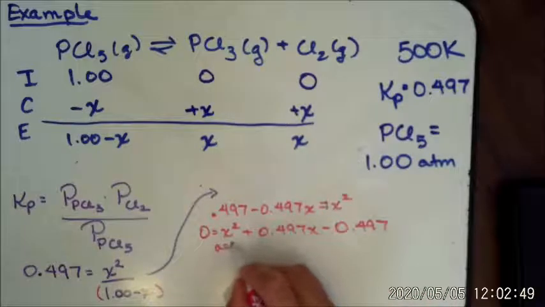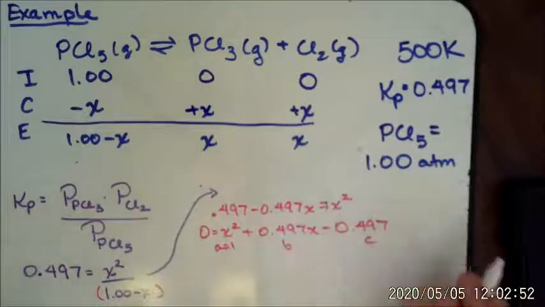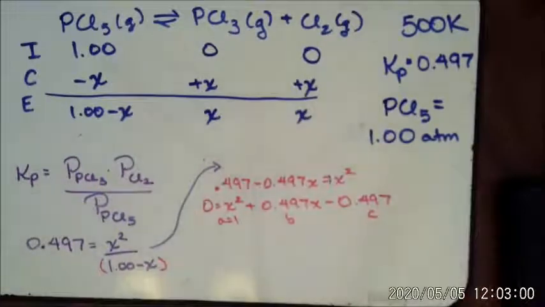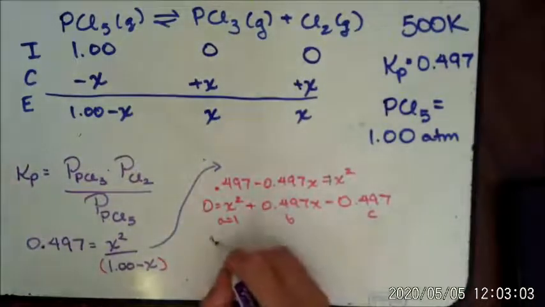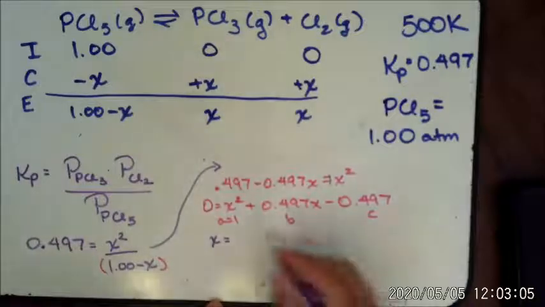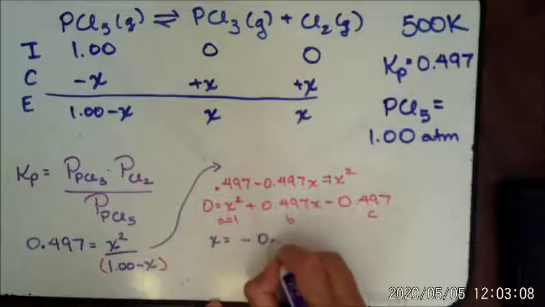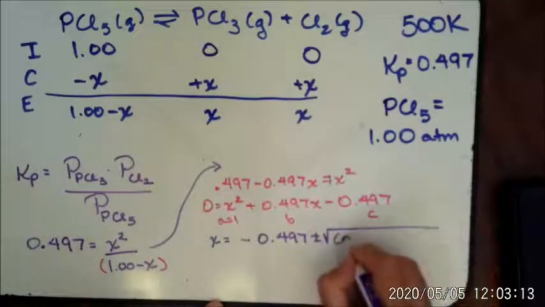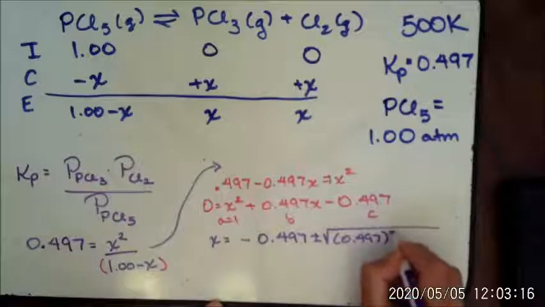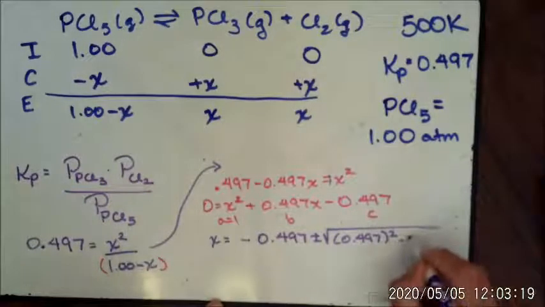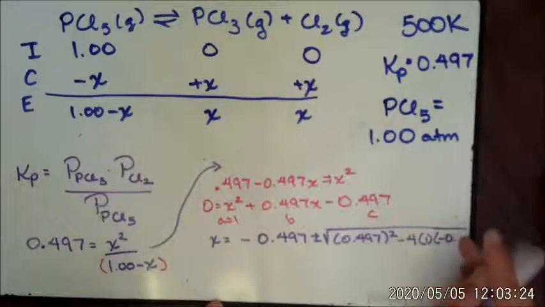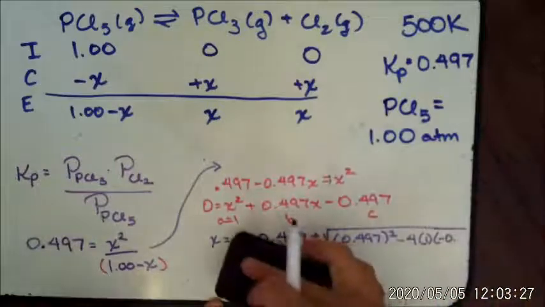A is equal to 1, this is equal to B, this is equal to C. So let's do our quadratic equation. x is equal to negative b, so minus 0.497, plus or minus the square root of 0.497 squared, minus 4 times a times c, which is a negative 0.497.